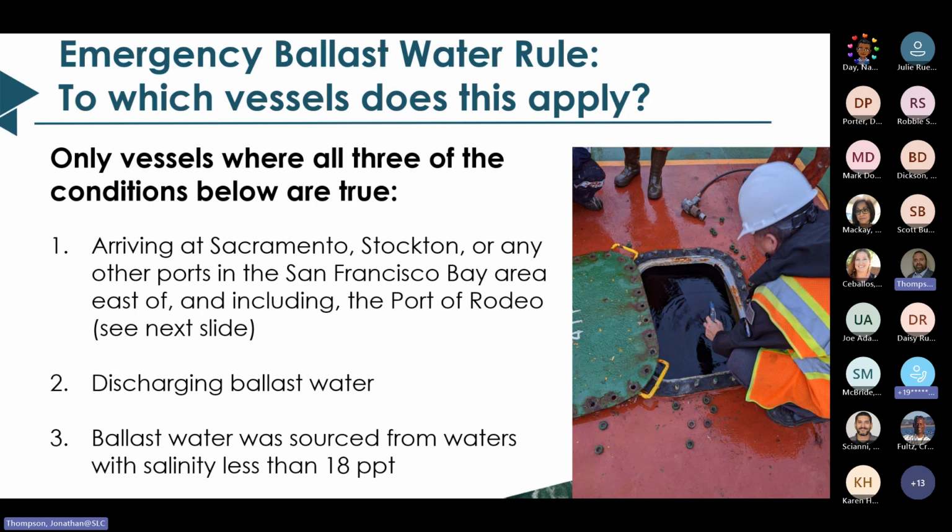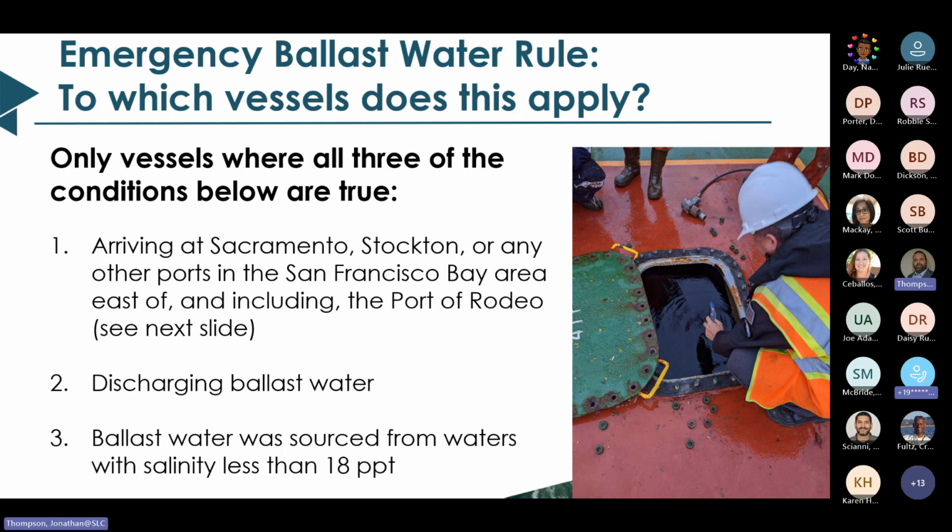So number one, a vessel has to arrive at one of California's fresh or brackish water ports. That includes Sacramento, Stockton, or any other ports in the San Francisco Bay Area east of and including the Port of Rodeo. We have a map on the next slide, but there's a couple of other conditions that I want to go over first.